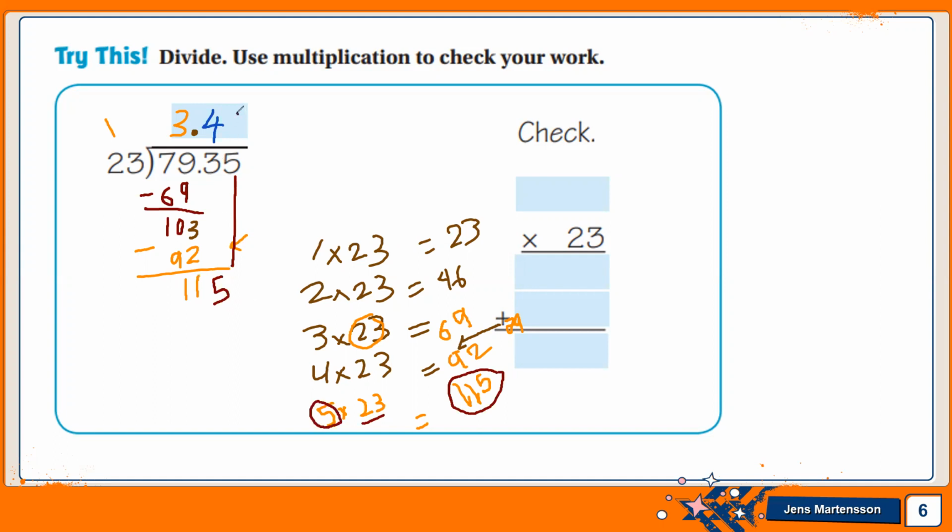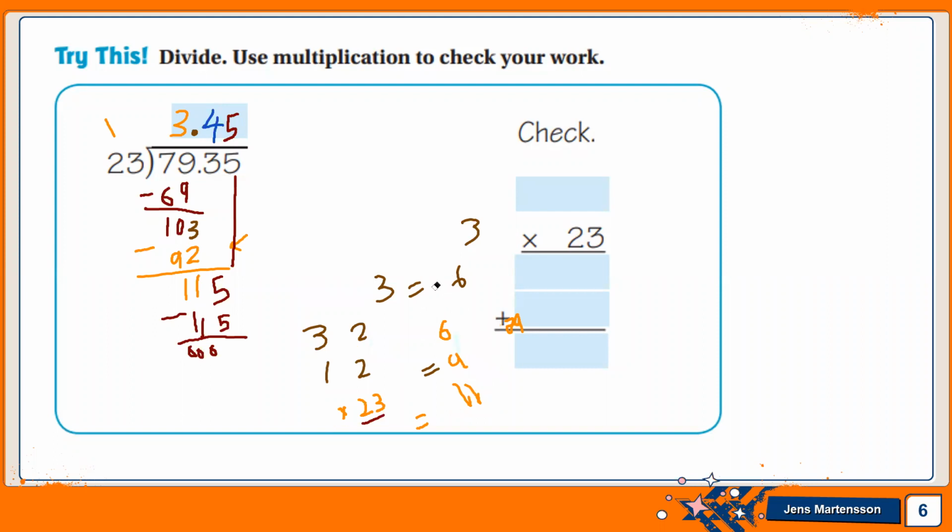So up, what do you write here? You will write 5. So 5 times 3 is 15. 5 times 2 is 10 plus 1, 11. Subtract them. 0, 0, 0.